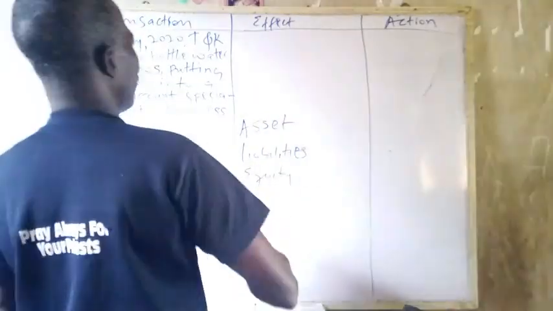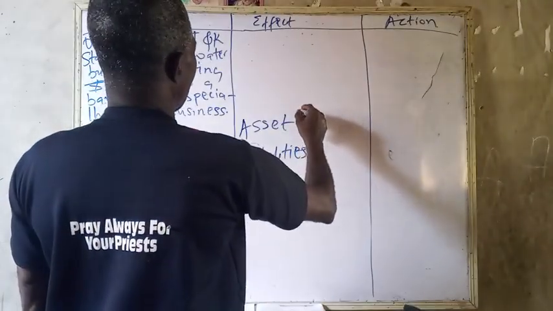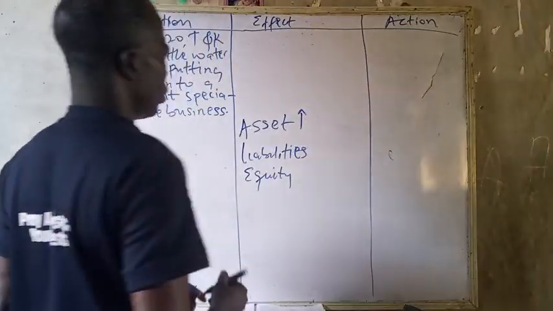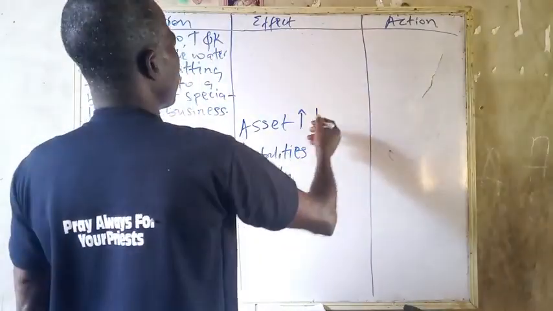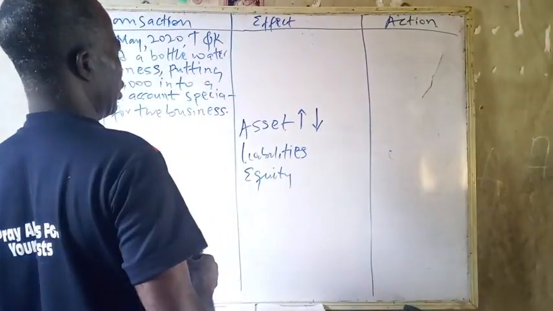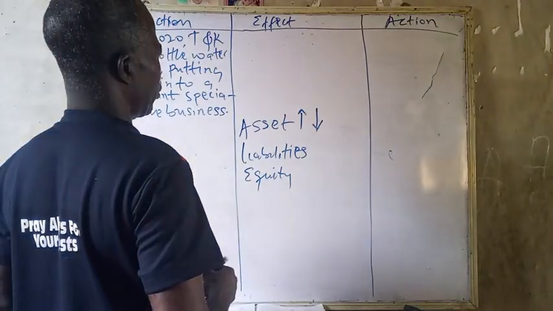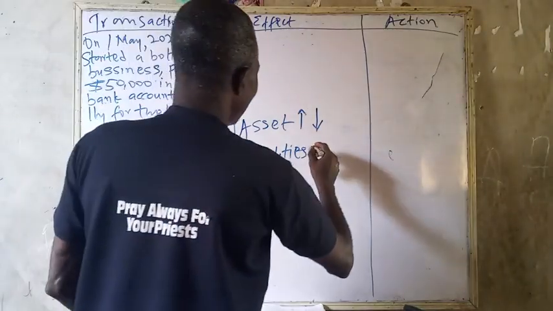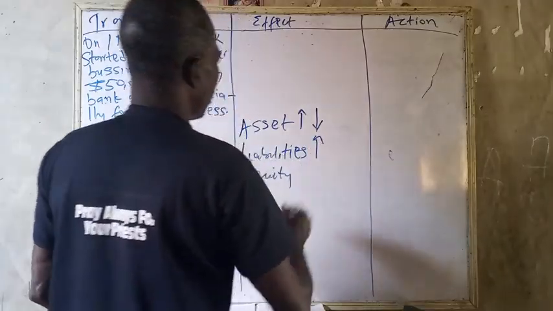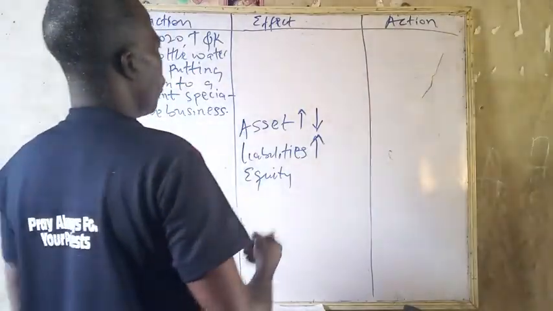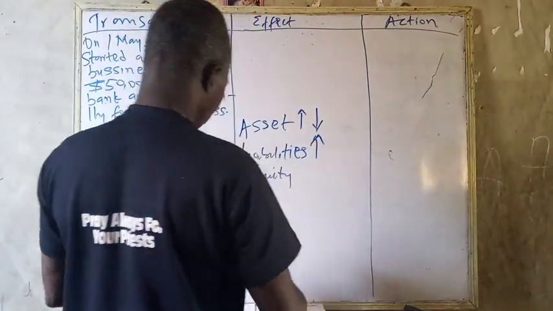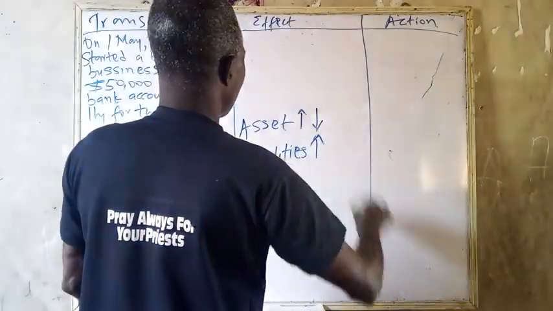When assets increase, what is the action to take? When assets decrease, what is the action to take? When liability increases, what is the action to take? When liability decreases, okay, let me put it this way.